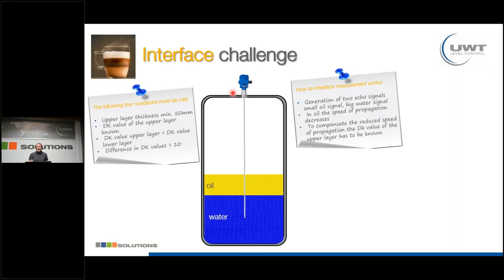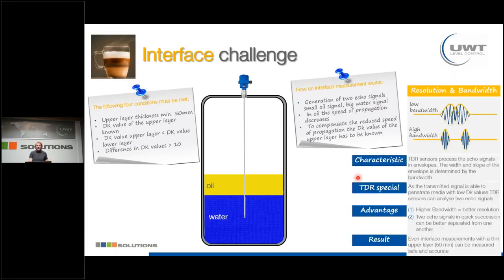That's why we need to enter the decay value of the upper layer to recalibrate the right speed of propagation. With the decay value of the oil entered, we get a reliable measurement result: two measurements, one of total level and the other of the interface, and both are quite accurate.